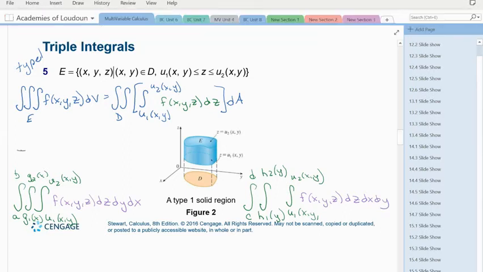So this is a type 1 plane region or a type 2 plane region.